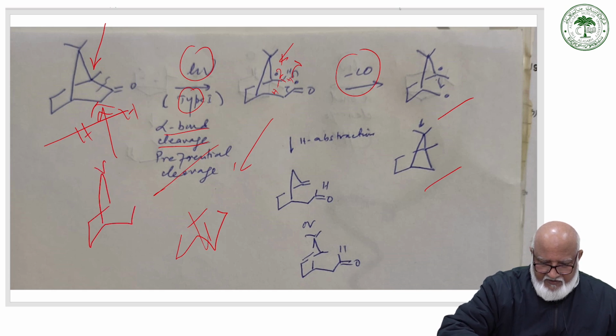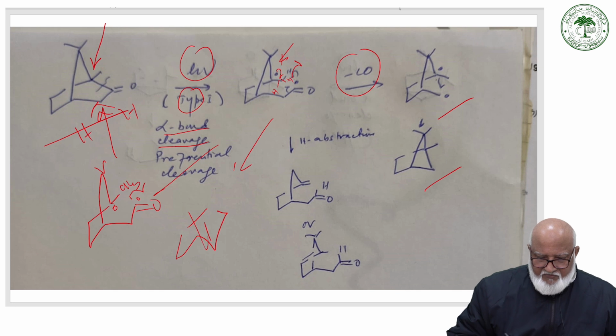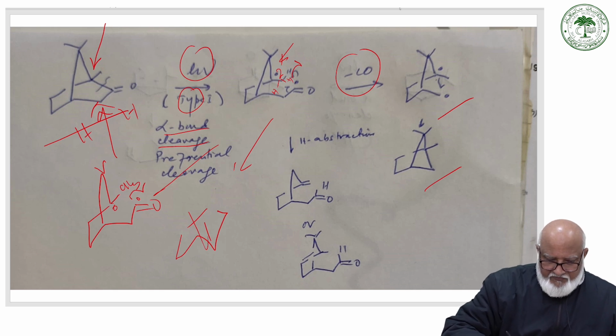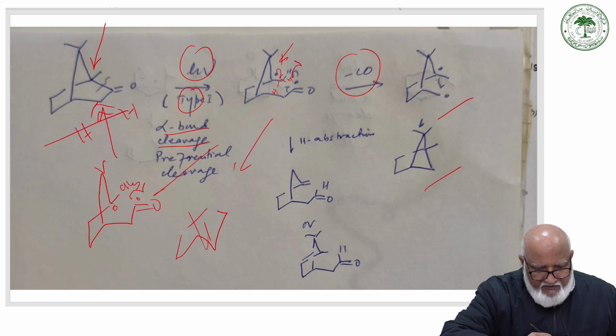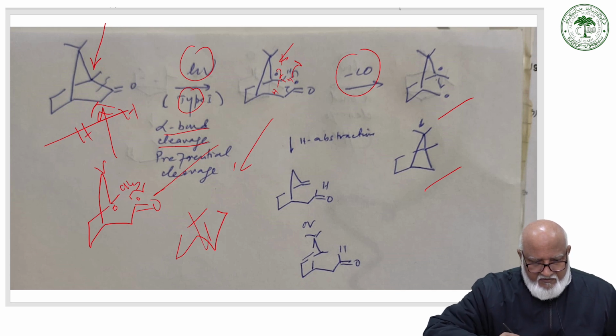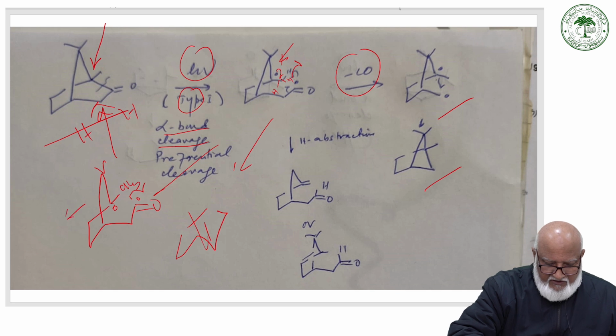This is CH3 here, this is the acyl radical, which abstracts a hydrogen atom from this methyl group, generating a CH2 radical.